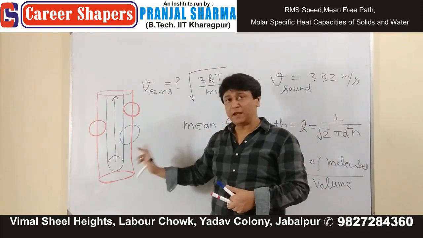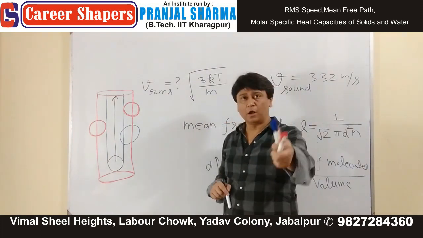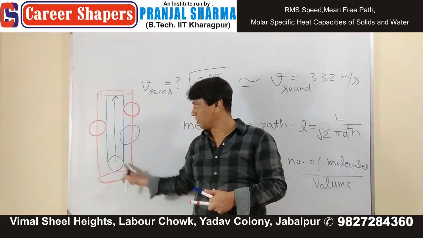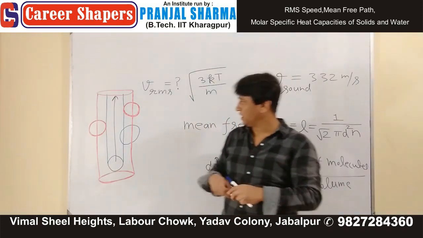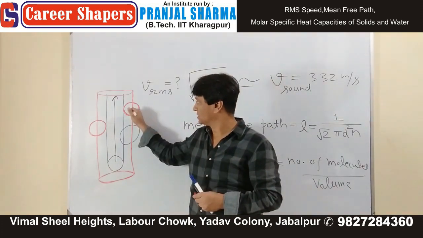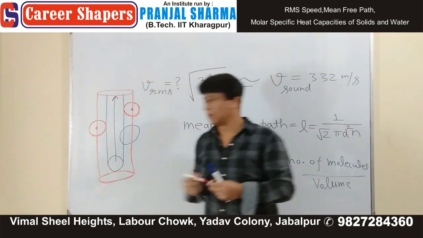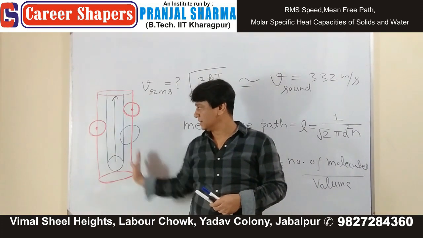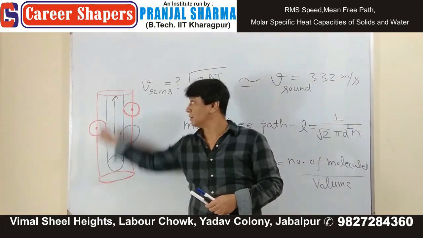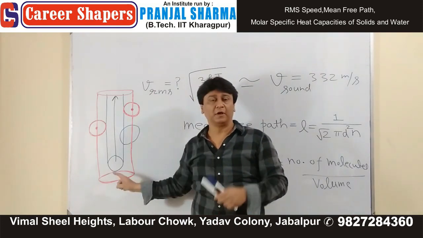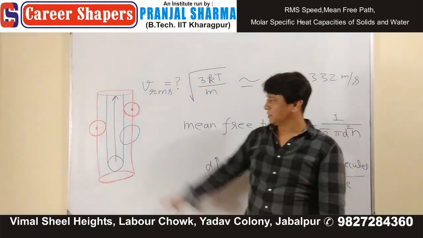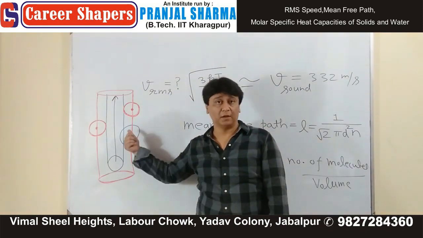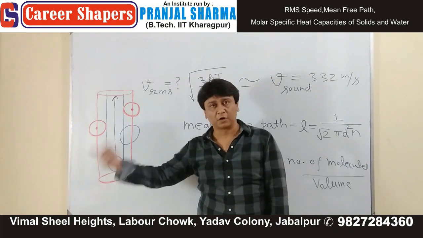So any molecule whose center lies between these two red boundaries, in the cylinder shown with this red figure, will definitely interact with this molecule and will always suffer a collision.